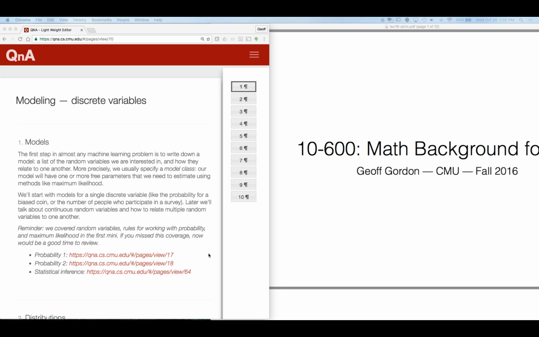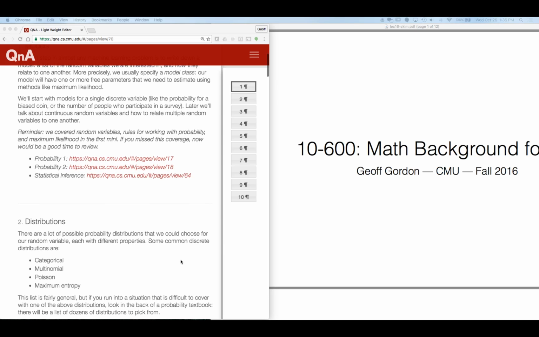And then on Monday's lecture, hopefully we'll get to talking about how they're related to one another. So when we describe a model for a single random variable, it's going to have some free parameters. These free parameters specify the things we don't know about the world.